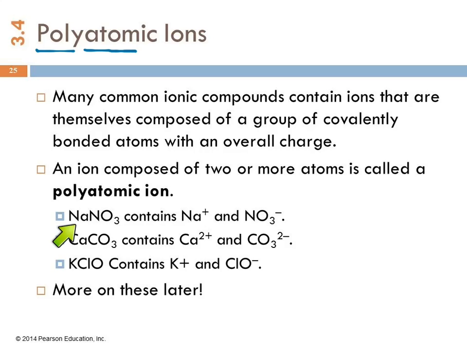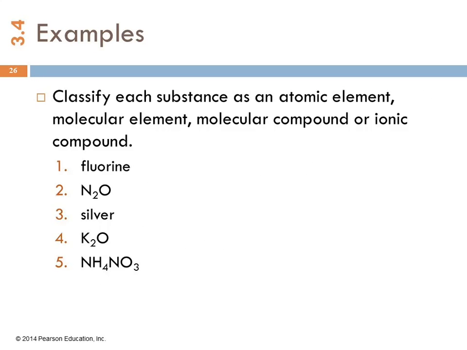Sodium's a metal. This is an ionic compound. We've got sodium ion, and then we've got NO3, that's the nitrate ion. That's a polyatomic ion. It's got more than 1 atom in it. Calcium, CaCO3. Calcium is a metal, and CO3 is the other ion. Okay, more on those later. Much more than you want.